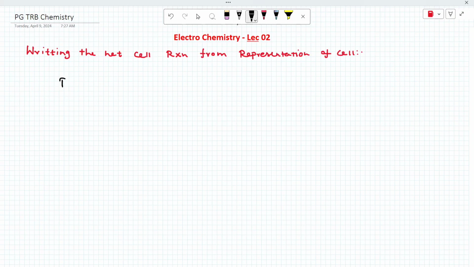Please note, reaction quotient. Reaction quotient, that is called Q, right? This is also related to chemical equilibrium. Listen, reaction quotient and equilibrium concept are different.